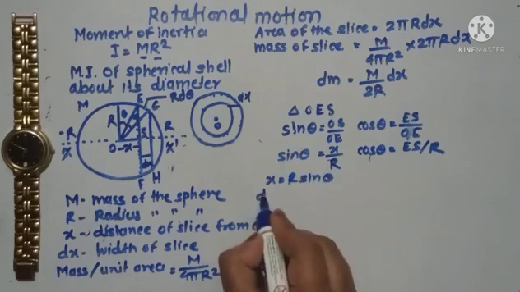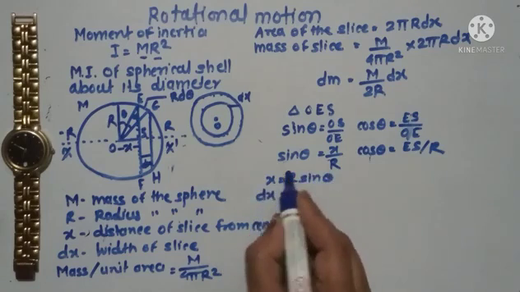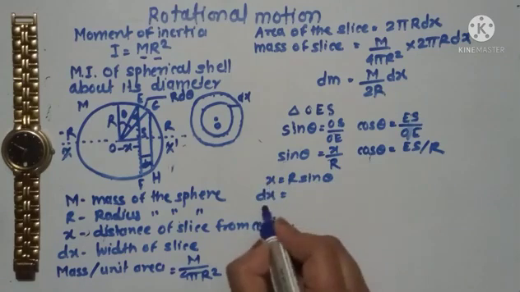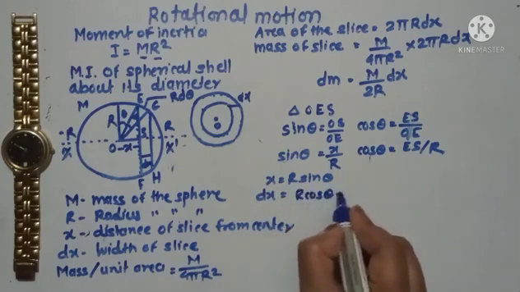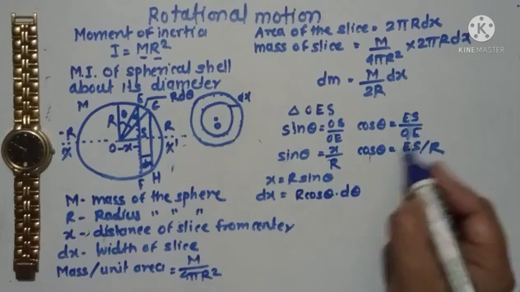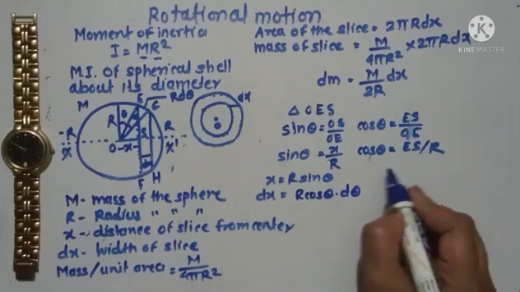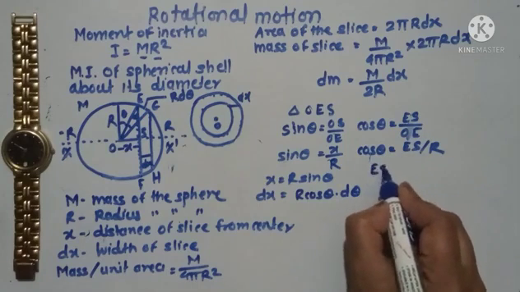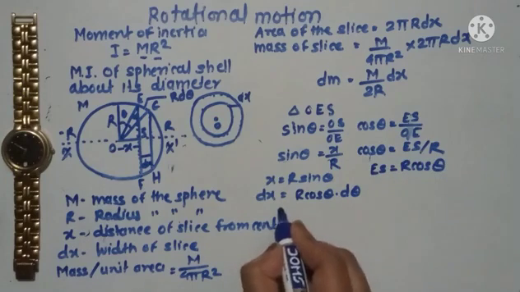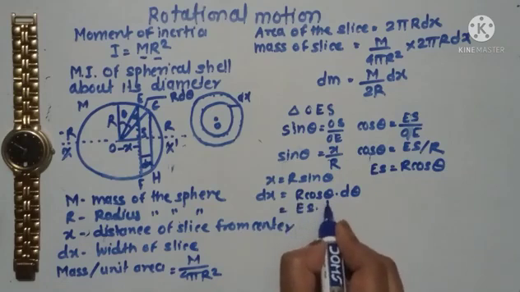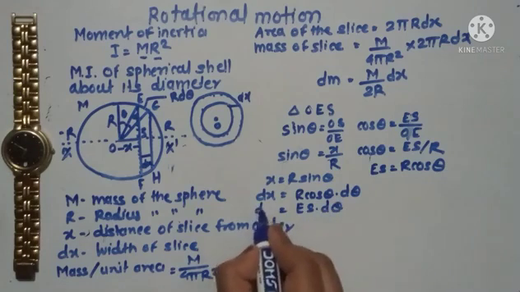If I take the derivative of this x, I get dx is equal to r cos theta d theta, and here we get ES is equal to r cos theta. I can write ES into d theta as dx.